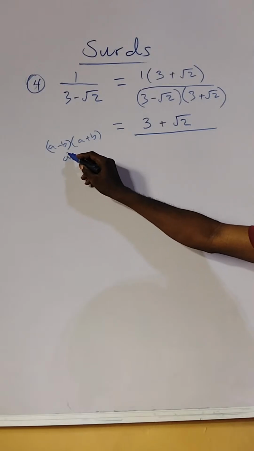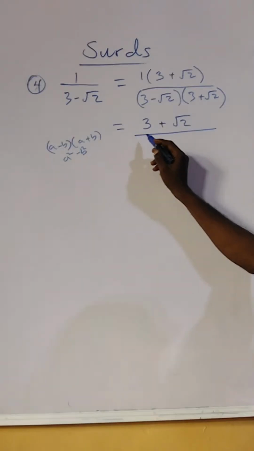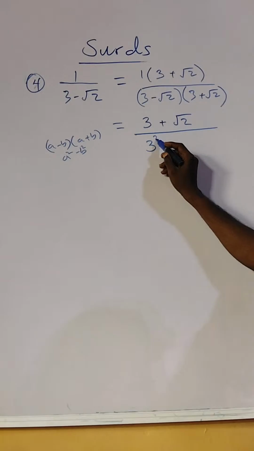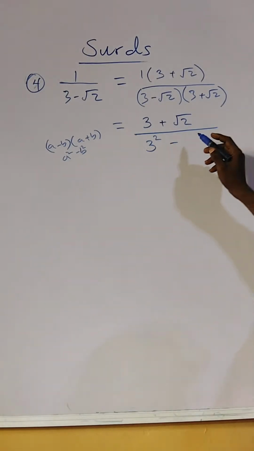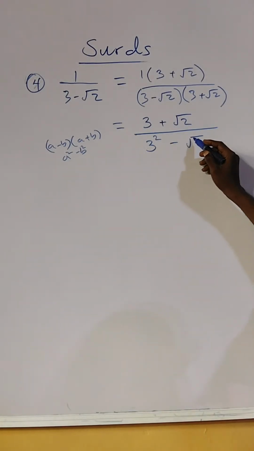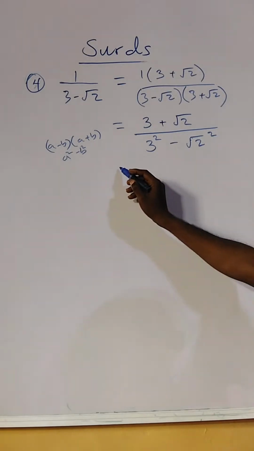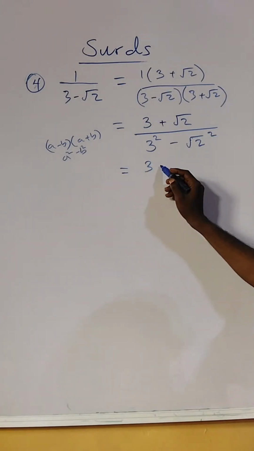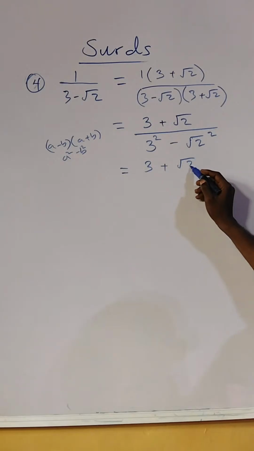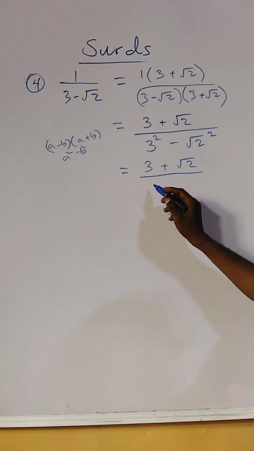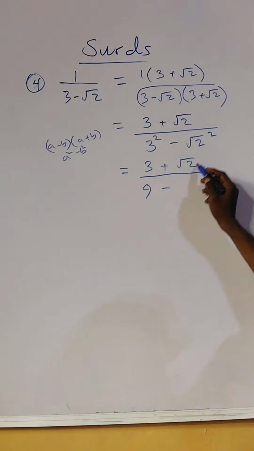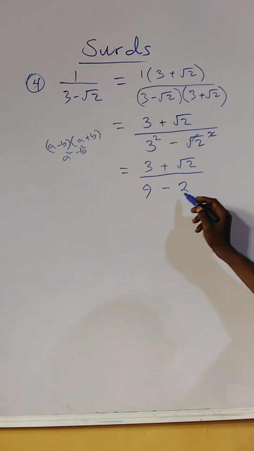Of course, this is a square minus b square. And here a is 3, that's 3 square, minus b is root 2, that's root 2 square. Then here we have 3 plus root 2 over 3 square, that's 9, then minus, square cancels square root, we have 2.